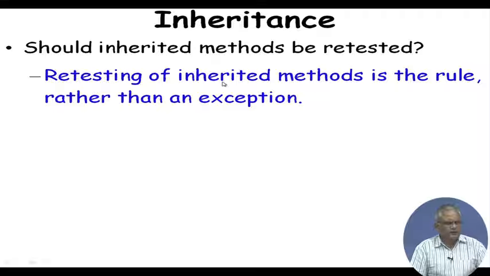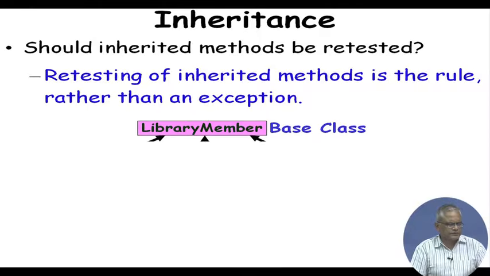We had seen in the last session that retesting of the inherited methods is the rule rather than the exception. So, all the inherited methods, even though they worked fine in the base class, there is no guarantee that they will work correctly in the derived class, and therefore, the inherited methods have to be retested in the derived class.